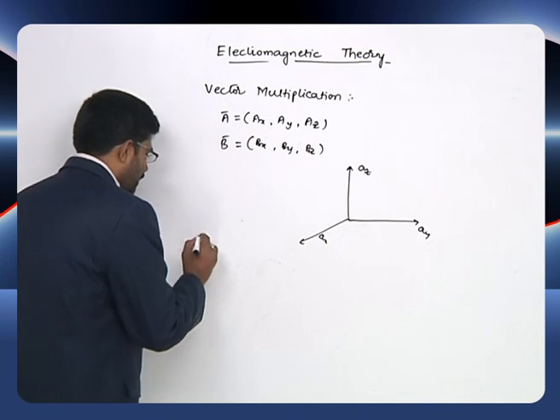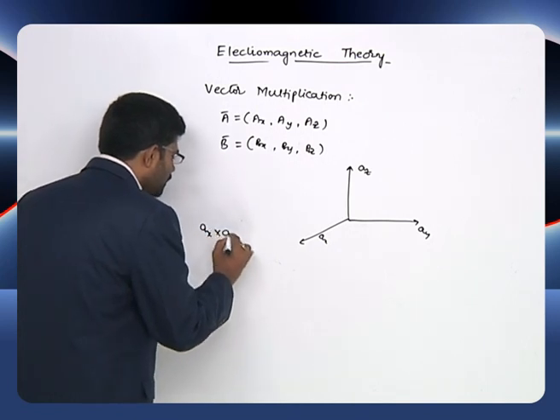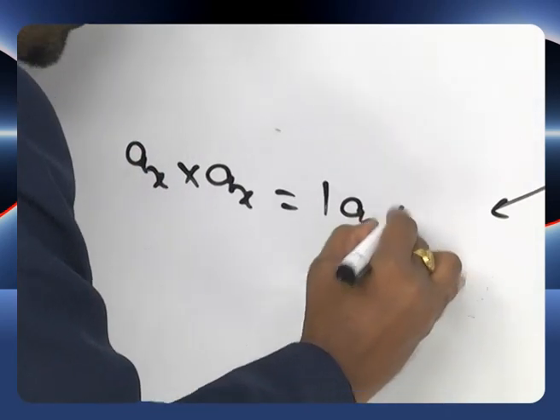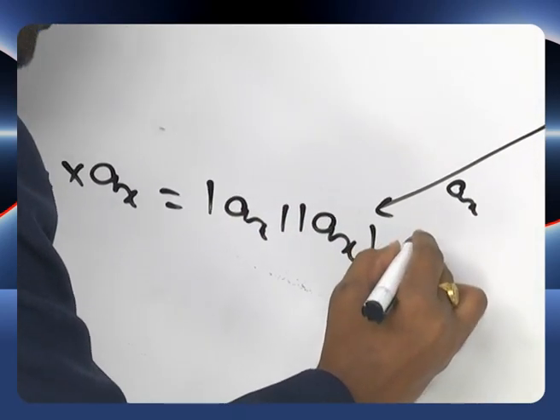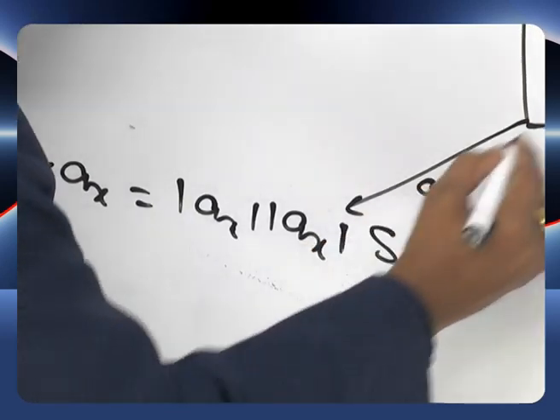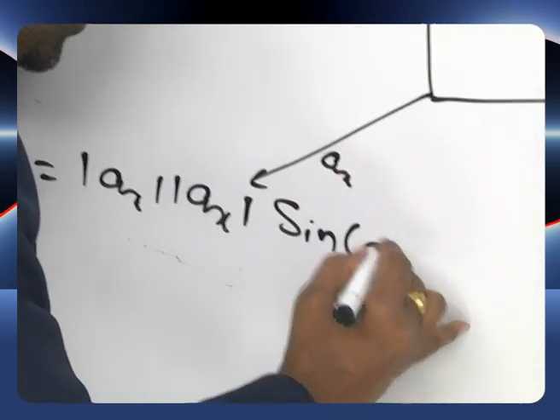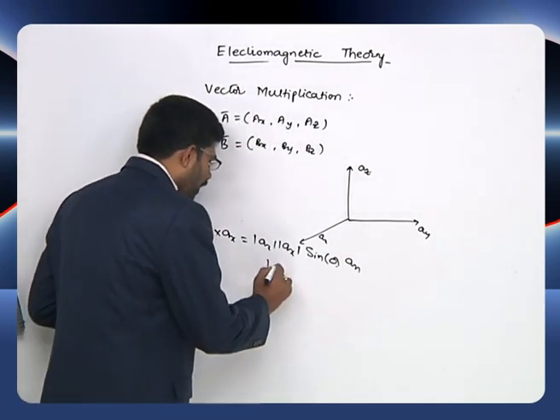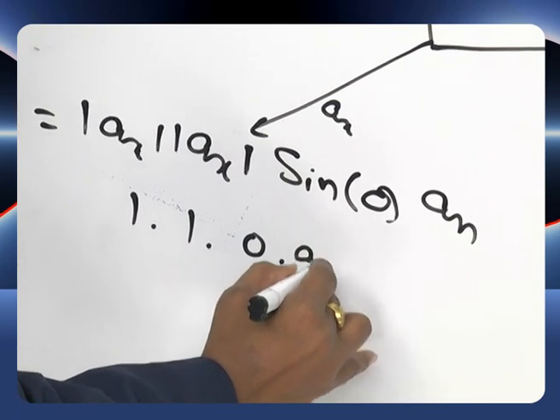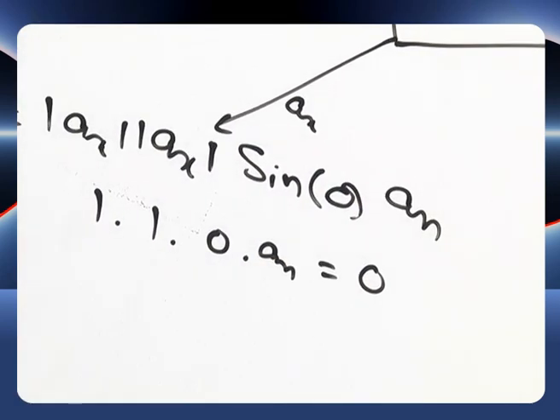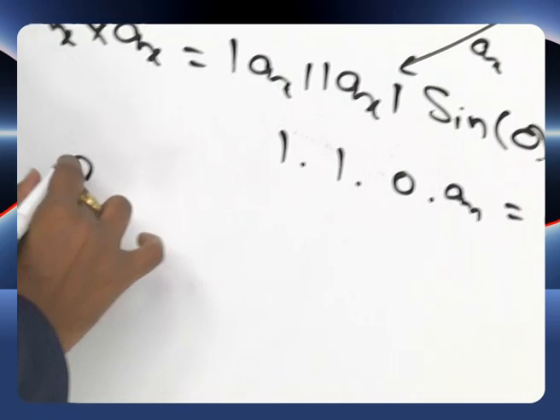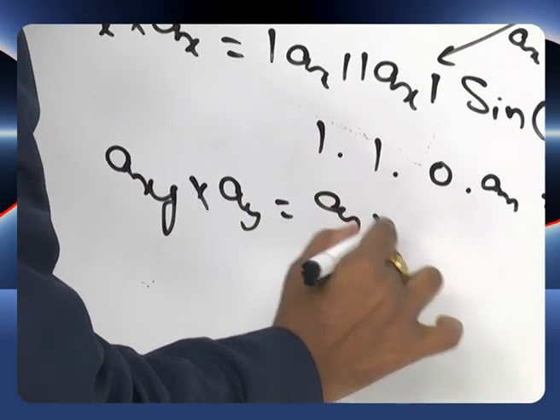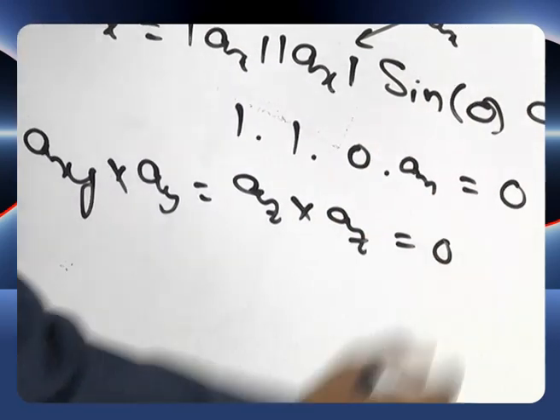Consider Ax cross Ax, which as per our definition is the magnitude of Ax, magnitude of Ax, sine of the angle between Ax and Ax, which is always 0, with a normal vector An. So 1, 1, sine 0 is 0, An, which is just 0. In the same way, Ay cross Ay and Az cross Az are also 0.